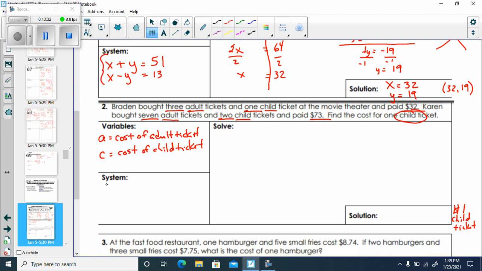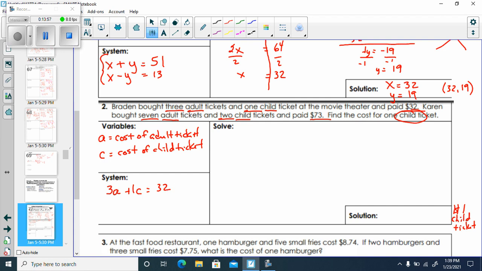Let's write a system of equations. If Braden bought 3 adult tickets, 3 times the cost of an adult ticket, plus 1 times the cost of a child ticket, and it cost him $32. Doesn't that make sense? 3 times the cost of an adult ticket plus 1 times the cost of a child's ticket is $32.